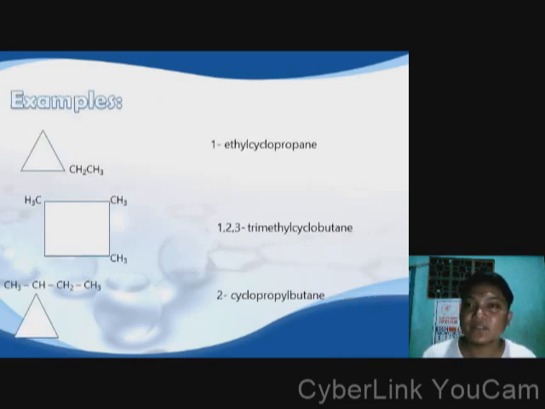For example, is your 1-ethyl cyclopropane. So, 1-ethyl because of the branch chain, anong branch chain or alkyl group na nakakabit, dalawang carbon. So, that is your ethyl. Di ba? 1-ethyl cyclopropane. So, ito yung isa is 1,2,3 trimethyl cyclobutane.